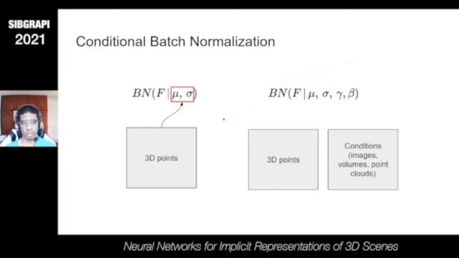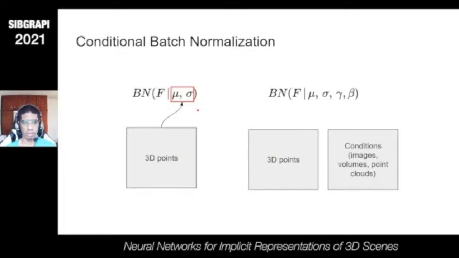Usual batch normalization is a way to ease the covariate shift, which is a problem that can make your gradients work in weird ways when you are training. So this is just a normalization, and you normalize based on the distribution of your inputs. So from your distribution of 3D points, in our case, you just use the mean of that distribution and the standard deviation.